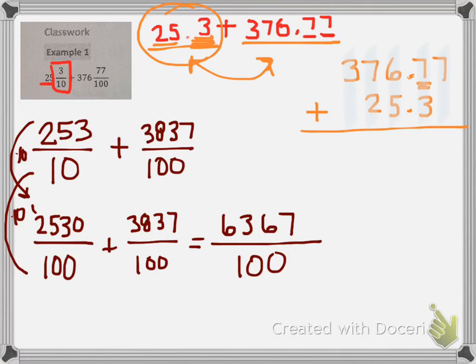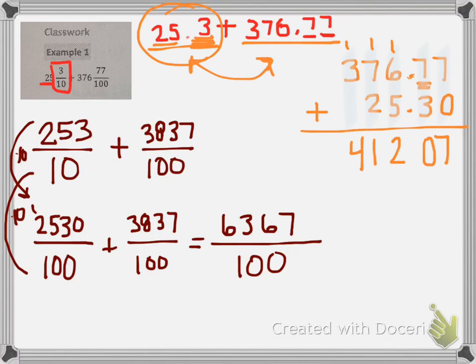So when I add, all I have to do is pretend there's a 0 at the end. It doesn't mean anything. 7 plus 0 is 7. 7 plus 3 is 10. Carry the 1. This is 11 plus 1 is 12. Carry the 1. This is 9 plus 2 is 11. Carry the 1. And this is a 4.